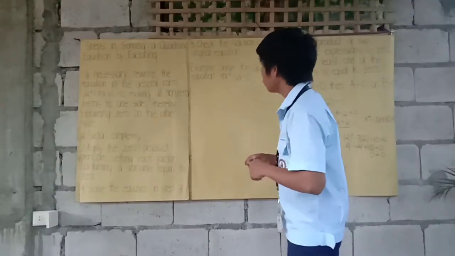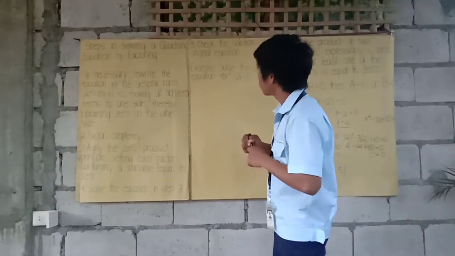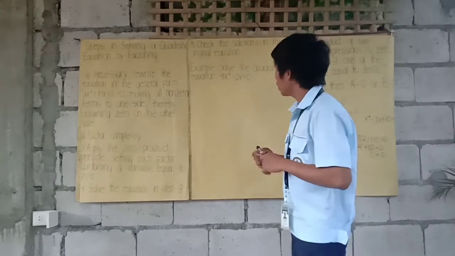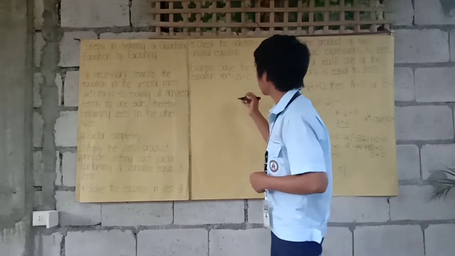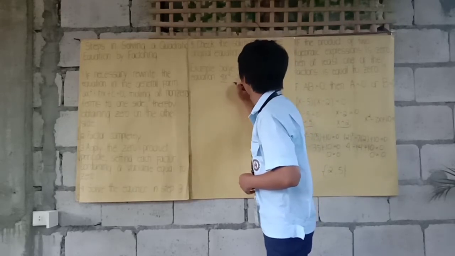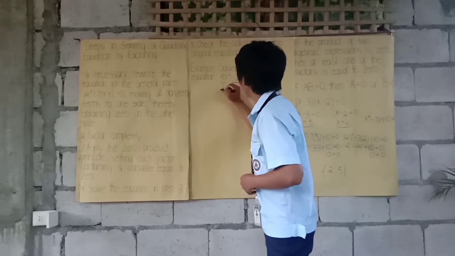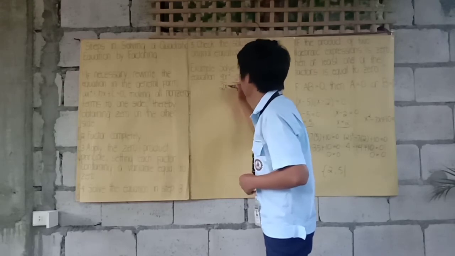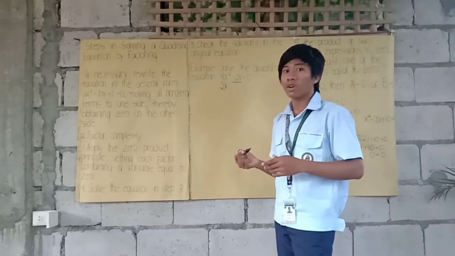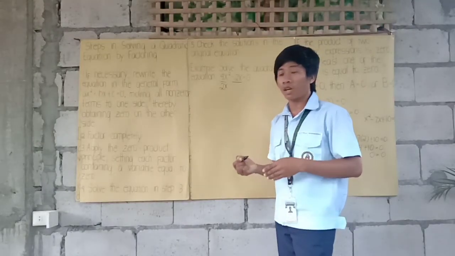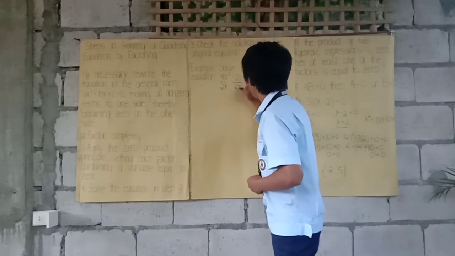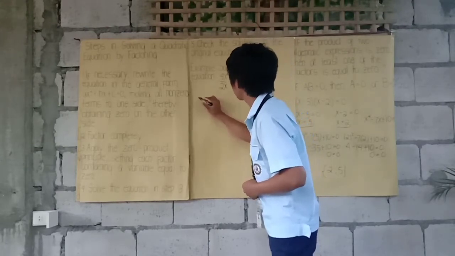So, for step 2, i-factor na natin. So, i-factor out natin by 2x from the two terms on the left side of the equation. Factor out natin sa 2x.